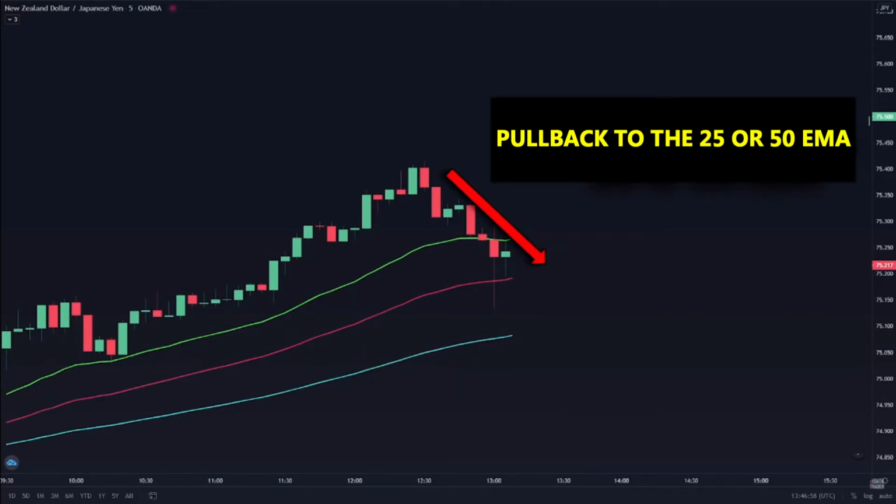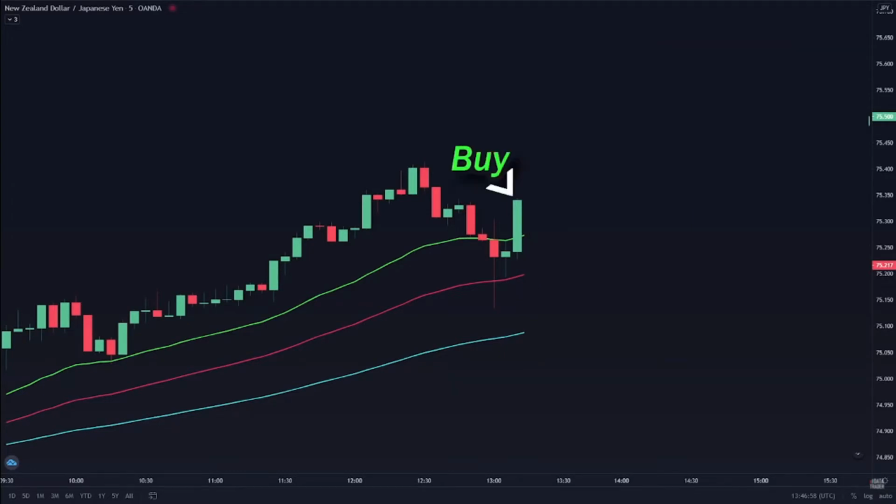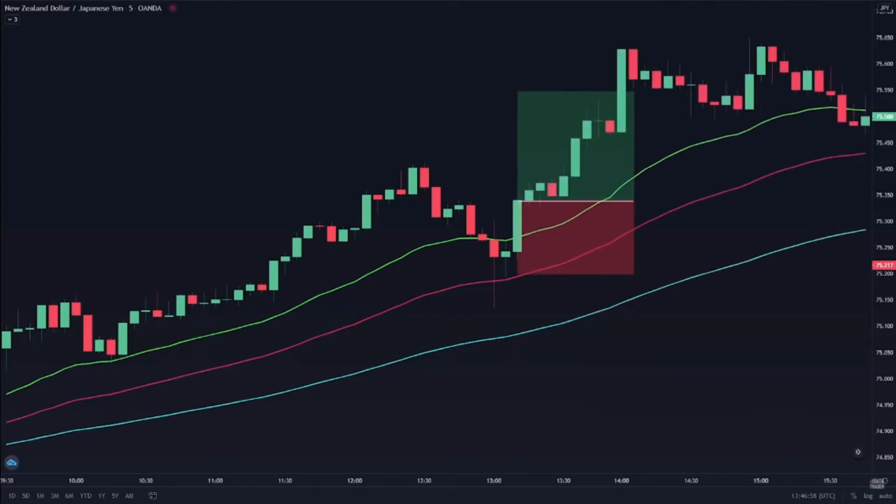So once the pullback happens, the next step is to wait for the price to reverse back up to the 25 EMA. Once this happens, you take a buy position. Next, we set up our profit target and stop loss here. And as you can see, the price ends up hitting our profit target. So this counts as a successful trade.